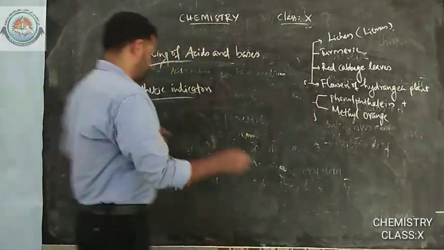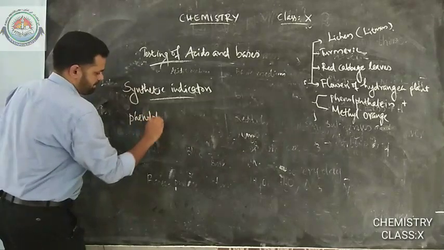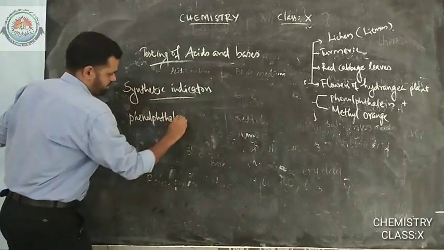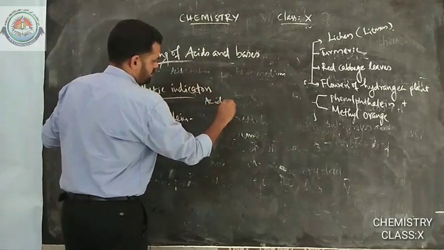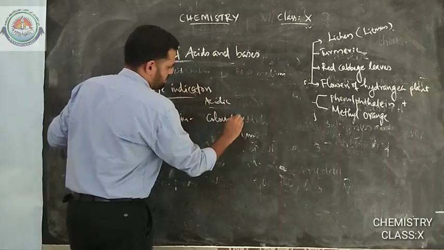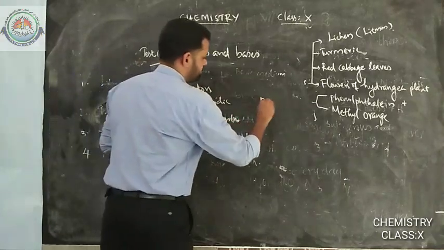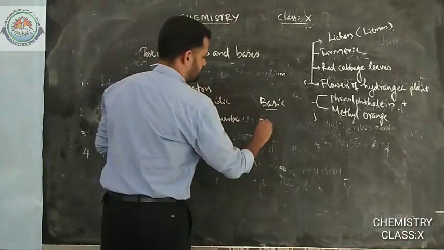Phenolphthalein in acidic medium is a colorless solution, and in basic medium it is pink in color.